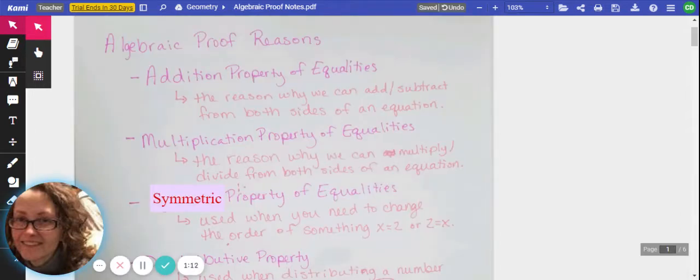So for my algebraic proof reasons, I'm going to go through some of our most common algebraic proof reasons. These are the ones that we're going to need to know for this class. The first one is the addition property of equalities.